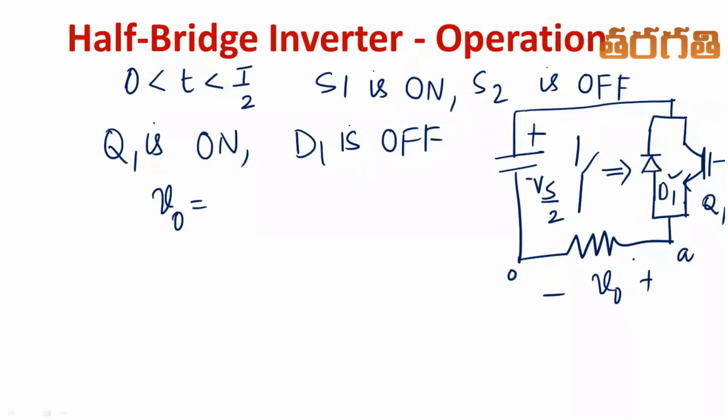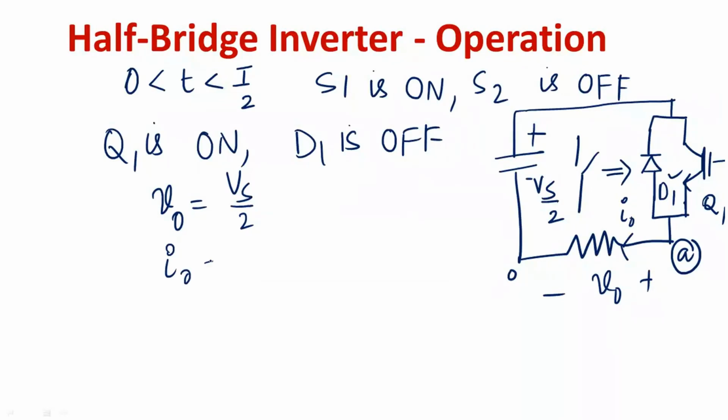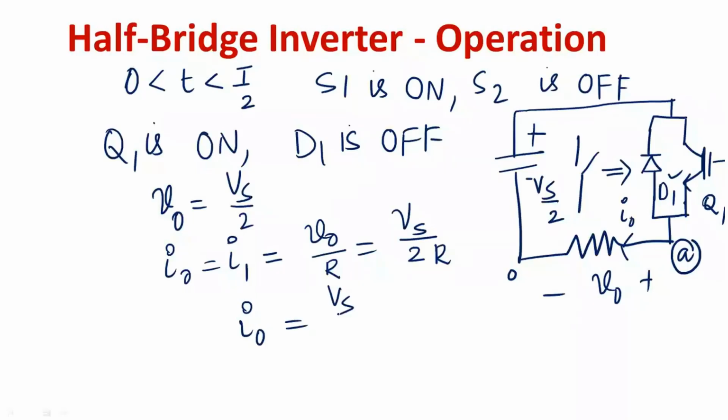The terminal A is connected to the positive terminal of the supply and O is already connected to the point O, so the voltage across the load V naught is equal to Vs by 2, and the load current I naught is equal to the current flowing through the transistor 1, which is V naught by R. The value of V naught is Vs by 2, so the current I naught is equal to Vs by 2R.